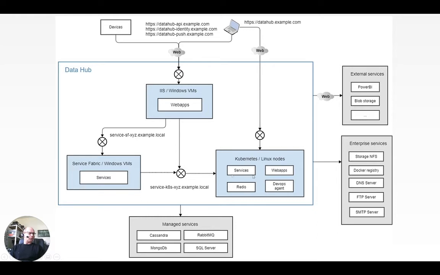The three other blocks, the external, enterprise and managed service blocks, must be provided and maintained by you, the client. So I'll come back to external services later, but the two other ones are for enterprise services and managed services.